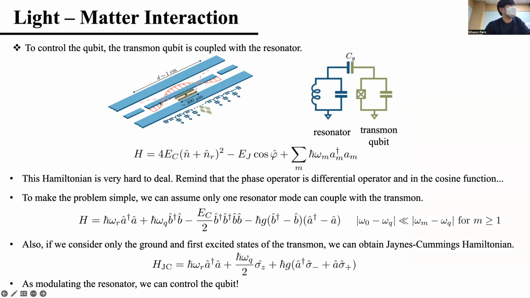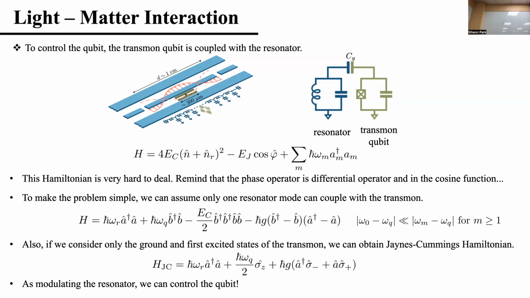This is a resonator. In the resonator, this is just an LC circuit, and there is an electromagnetic wave. This is light. And there is a transmon qubit. You can see this line. There are two metals. Between the metals, there is charging energy, because this plays like a capacitance.